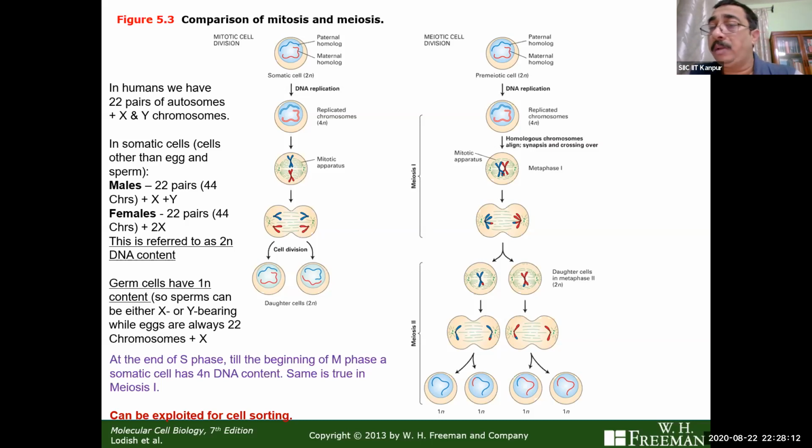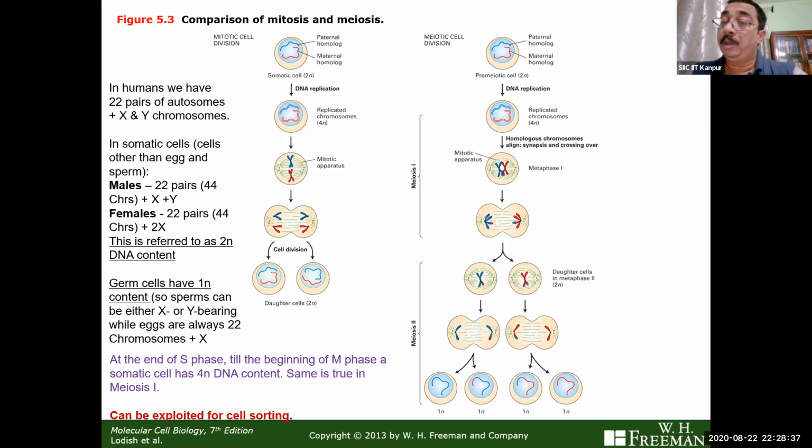This is not a directed process. This is random. It can happen from the middle of the chromosome, end of the chromosome, multiple places, all sorts of things happen. And most of these will be inconsequential, meaning it will not have any dramatic difference in the functioning or behavior of the next generation.